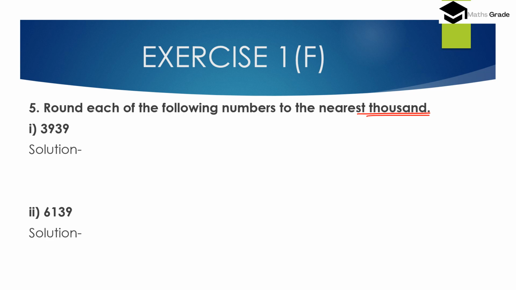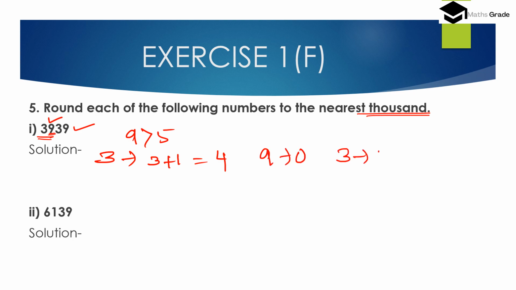First bit 3939. When we round any number to the nearest 1000, we first look at the 100 place digit. Here the 100 place digit is 9, which is more than 5. So we add 1 to the 1000 place digit. Here the 1000 place digit is 3. 3 changes to 3 plus 1, which is 4. And the 100 place digit 9 changes to 0, the tens place digit 3 changes to 0 and the unit place digit 9 changes to 0.